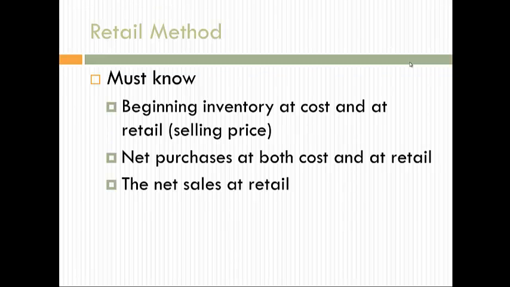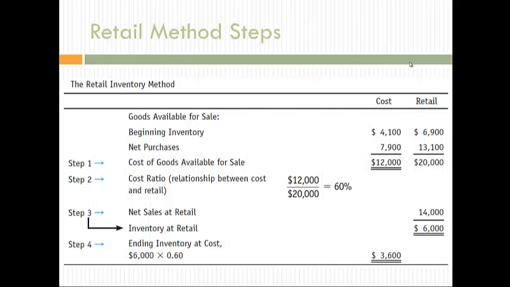Remember that net sales equals sales minus sales discounts minus sales returns and allowances. The retail method is done in 4 steps, which are listed on page 567 of your textbook. And let's look at the example.